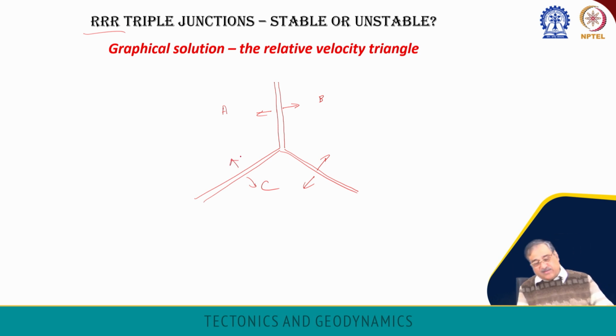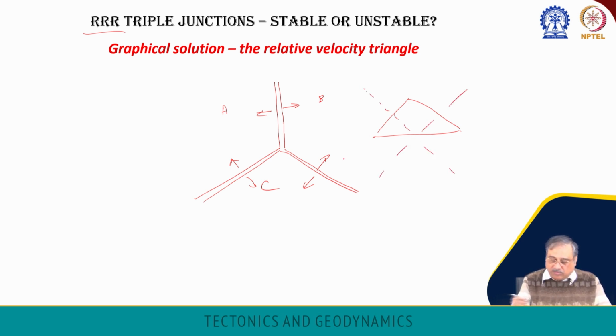Now, as you may have guessed, when we draw in the relative velocity triangle, it doesn't really matter what the configuration is. Whatever way you draw it, this is the perpendicular bisector of this line and the perpendicular bisector of this line.